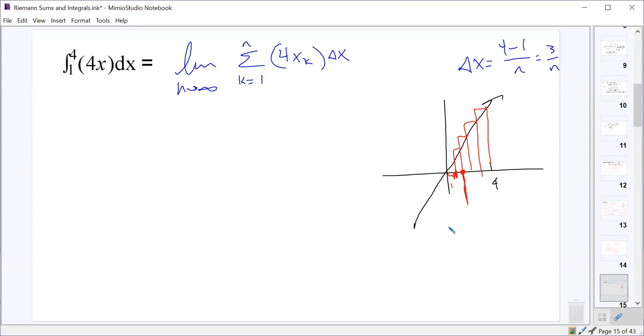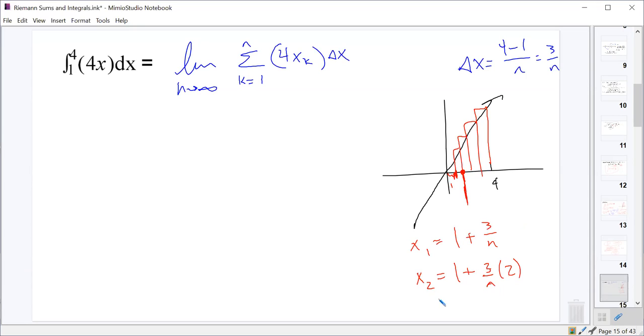That's 1. So x sub 1 is 1. Plus, we also went over one of these subintervals, 3 over n. And x sub 2 would be 1 plus 3 over n plus another 3 over n. 3 over n times 2.